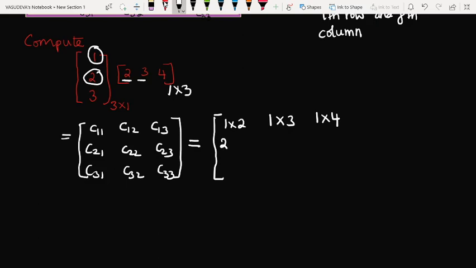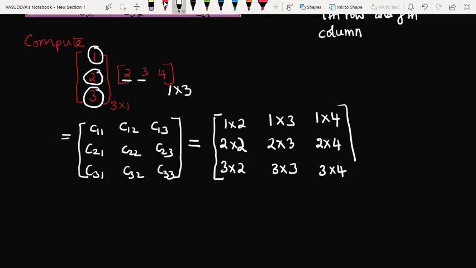So 2 into 2, the first element, then 2 into 3, matched with the second element, and 2 is matched with the third element in the second matrix, so 2 into 4. Then take 3, so 3 into 2, 3 into 3, then 3 into 4.